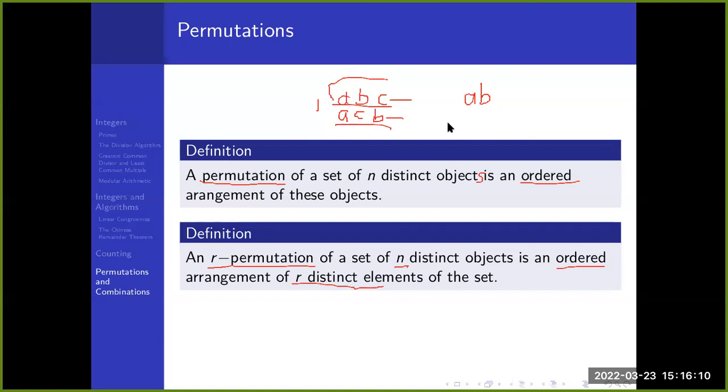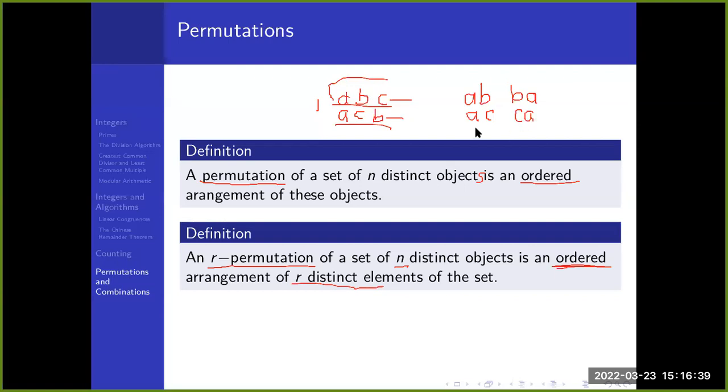So this is a two-permutation, and it's different from BA because order is important. So this is really important, the order for permutations. These are two different permutations, and they are two-permutations because we picked two elements out of a set of three, and there are many more. So you can have AC, that's a permutation. You can have CA, it's another permutation, and so on.